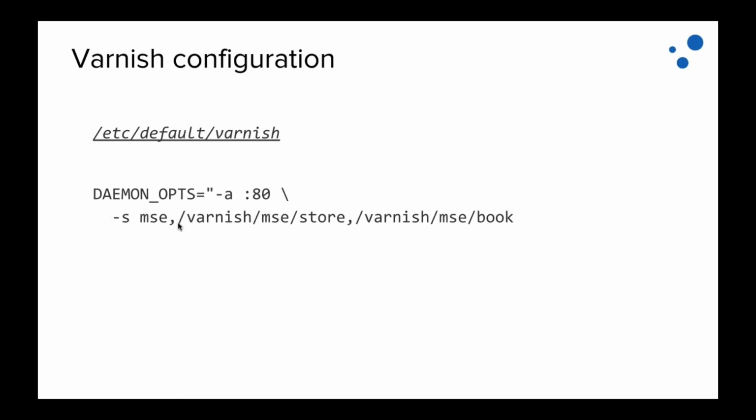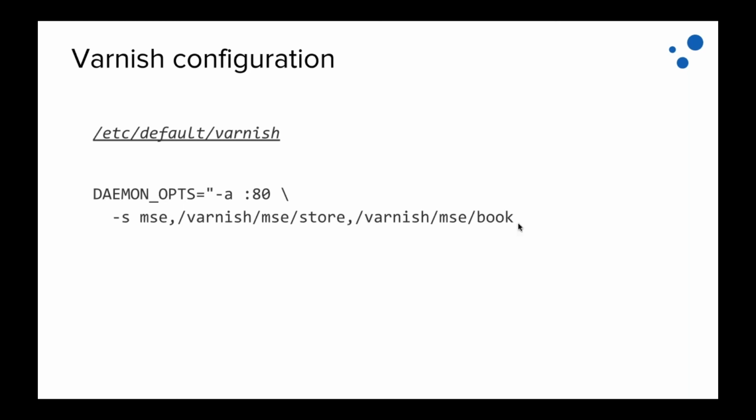And since we're working on the startup options, I told you we would have used MSE storage instead of a malloc storage, and that's exactly what we do here. So we let Varnish know that, as storage, it will have to use an MSE storage using a specific path for the store, and the content will be stored on disk.